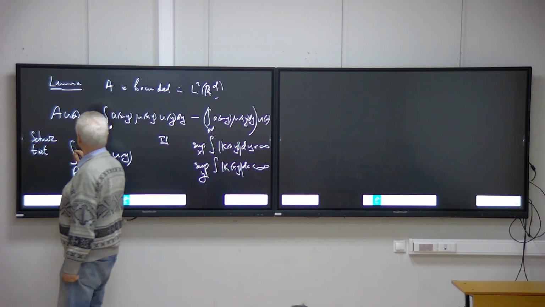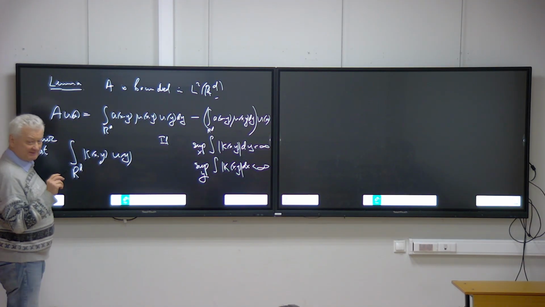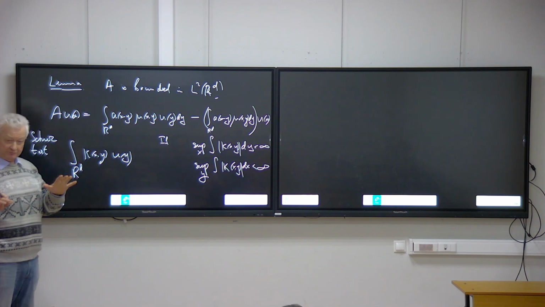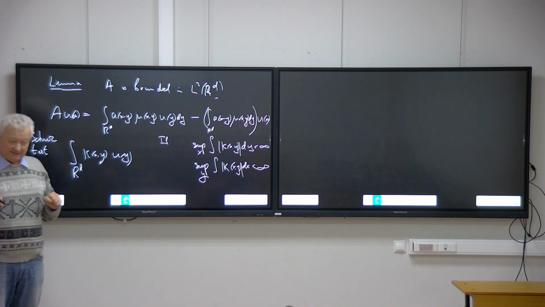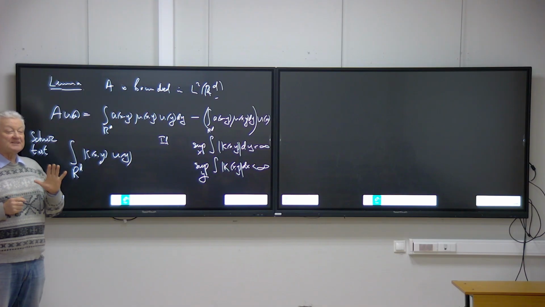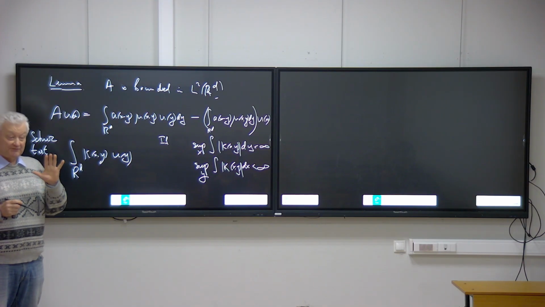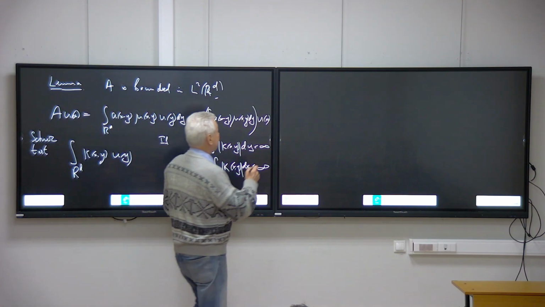In the symmetric case, for a while, we impose the symmetry condition. We can easily check that this operator is non-negative. It's bounded on L2 and it's non-negative.